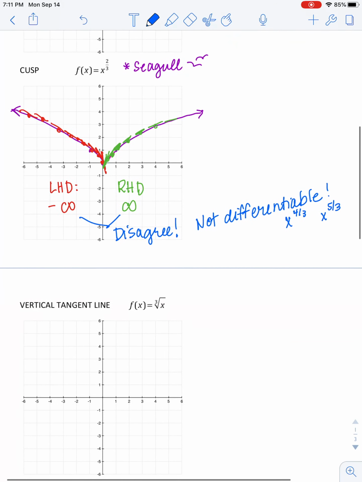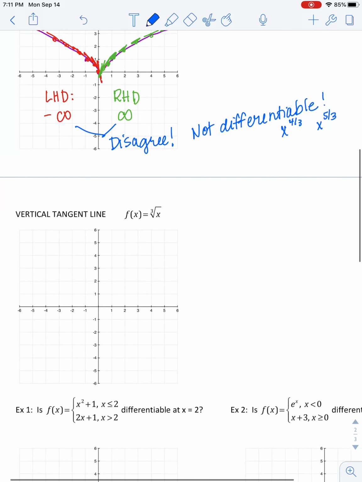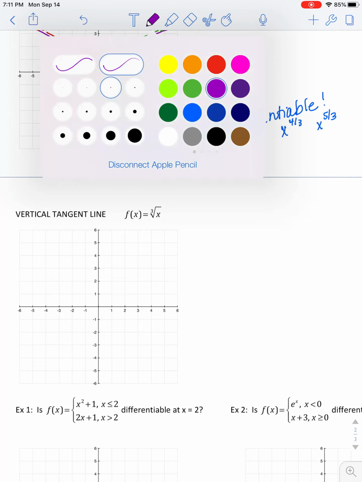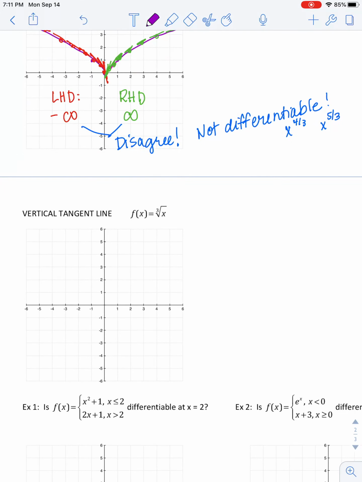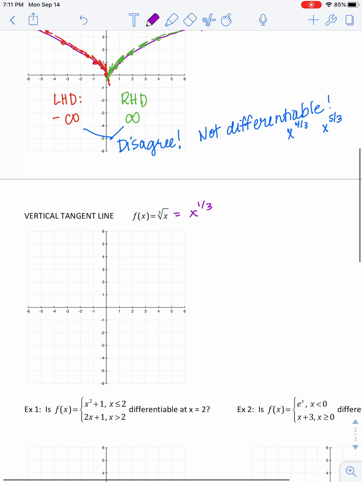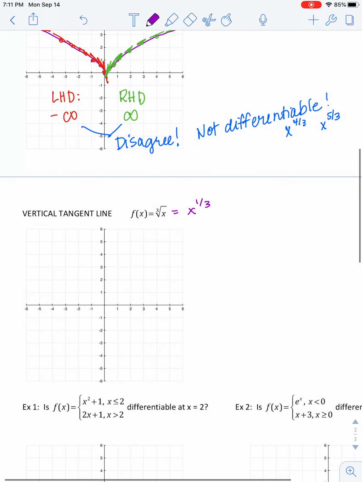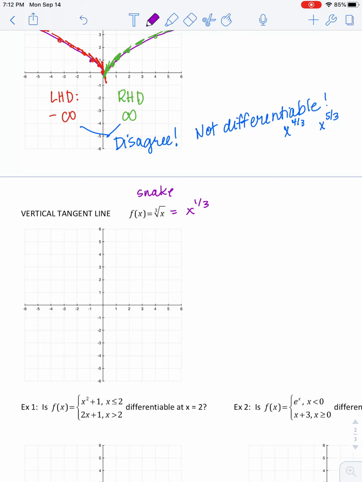The vertical tangent line is the last example we have to look at here. The suggestion is the cube root of x, which we should know is x to the 1/3 power, and that is the inverse of x cubed. We know that x cubed looks like this, and the inverse of it is just rotated. So the inverse, x to the 1/3, is, more animal references, a snake function.